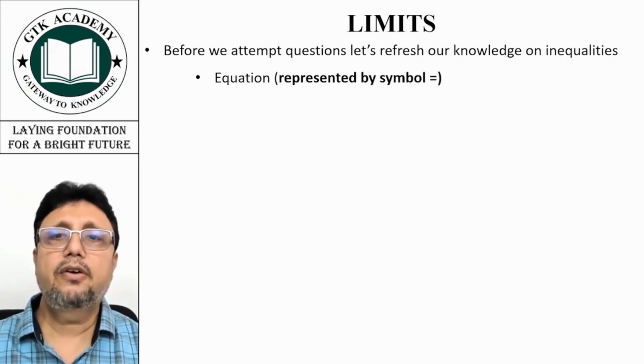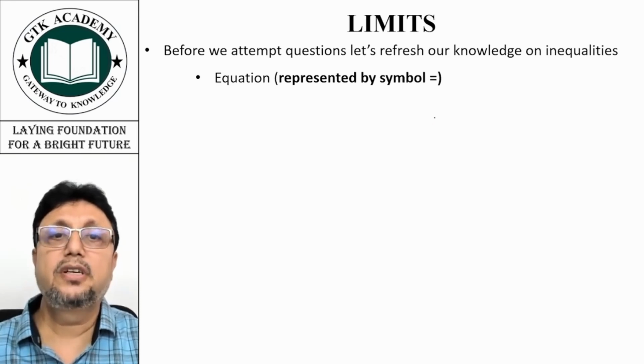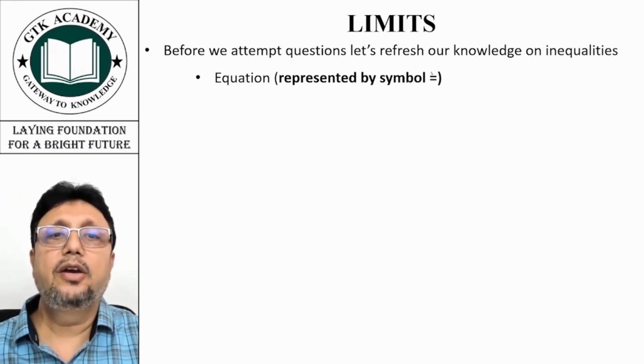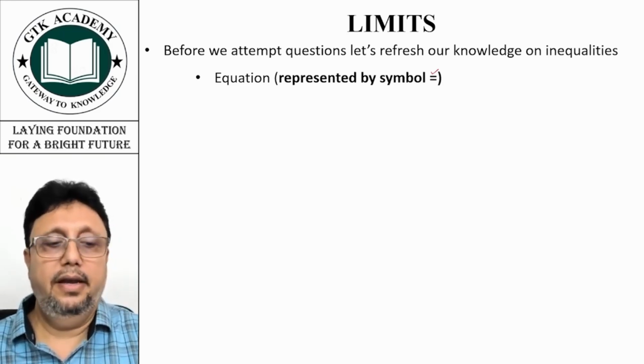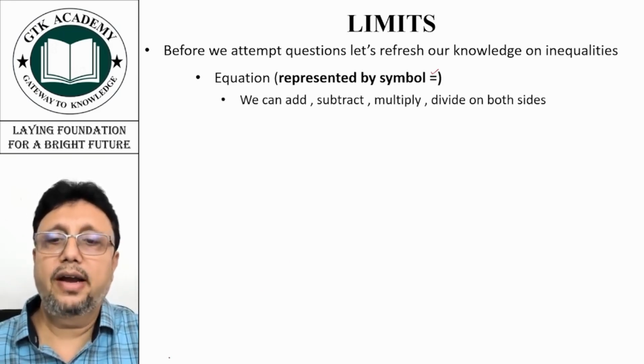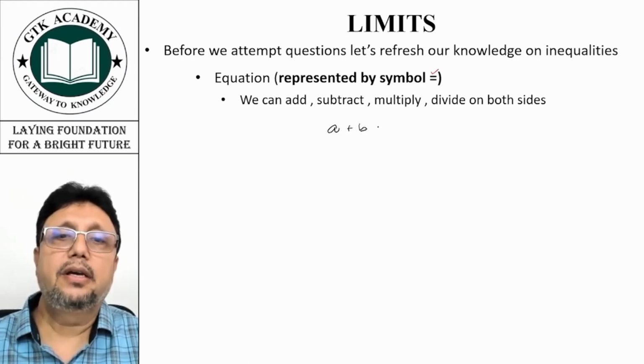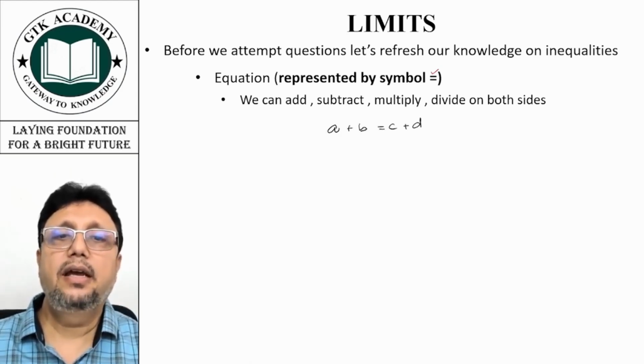You all must have read about equations. An equation is represented by the symbol equal to. In an equation, we can add, subtract, multiply, or divide on both sides. For example, a plus b is equal to c plus d. This is an equation.